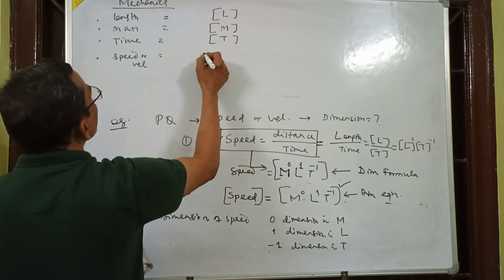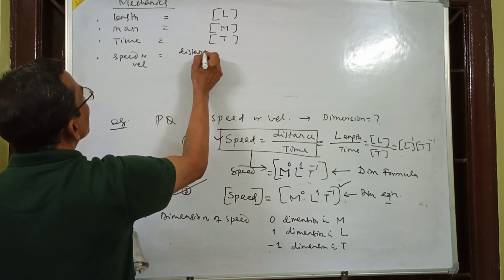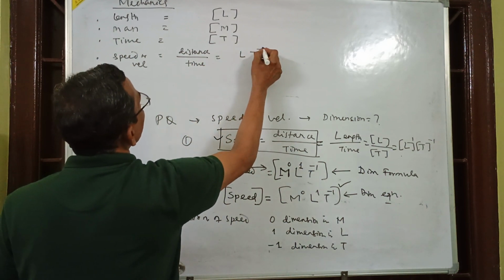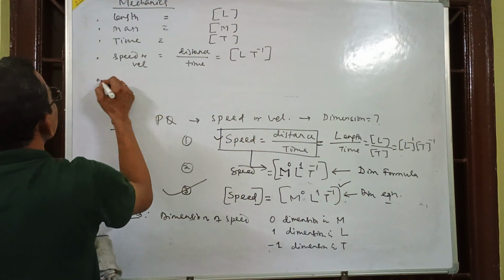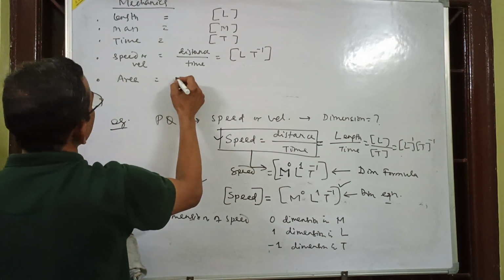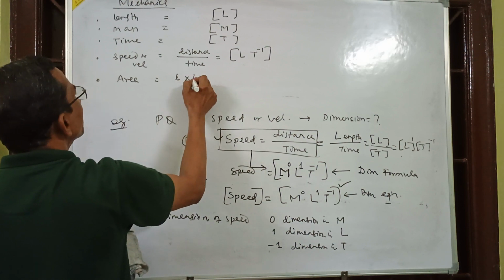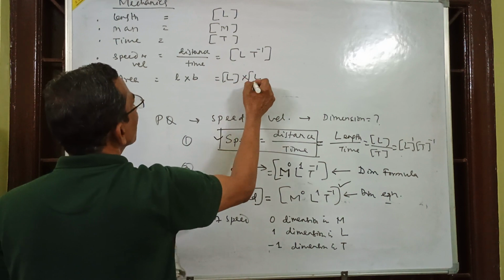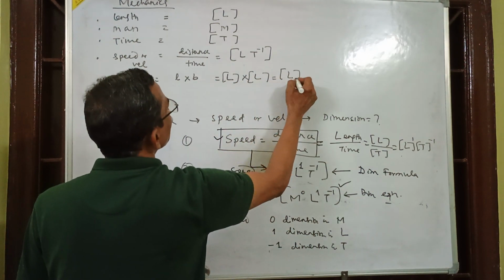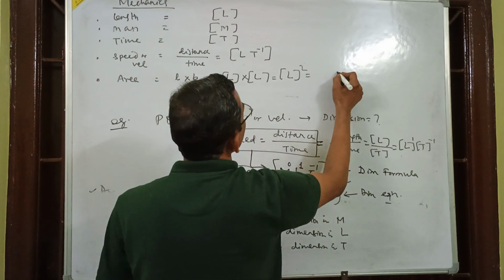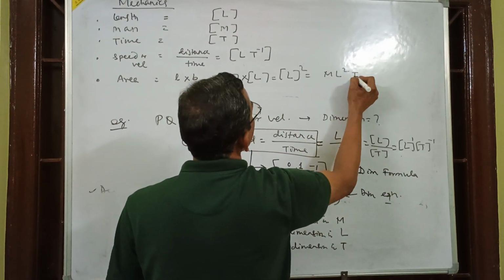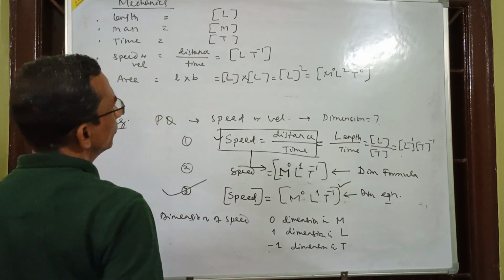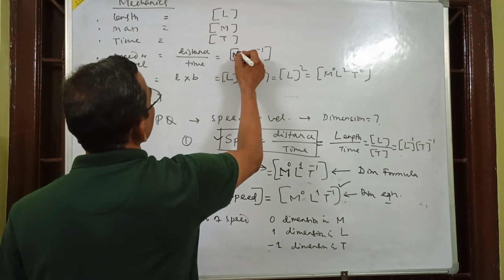The dimension is distance upon time. This is L T minus 1. Area is length times breadth, which is again length times length, so it becomes L square, M0 L2 T0.